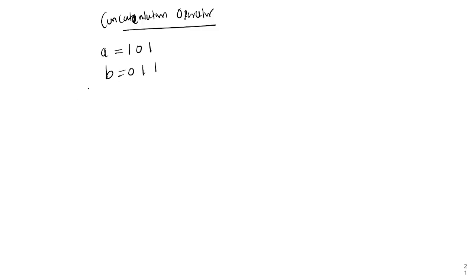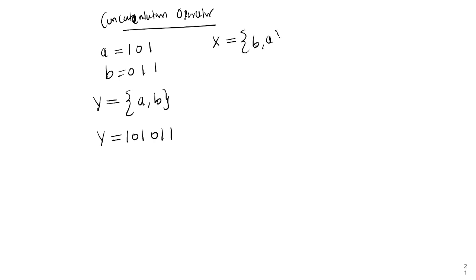Combining means you take y equal to, included in curly brackets, a comma b. After this you will get y equal to 101011. Suppose you make x equal to b comma a, then you will get b which is 011 and a which is 101.